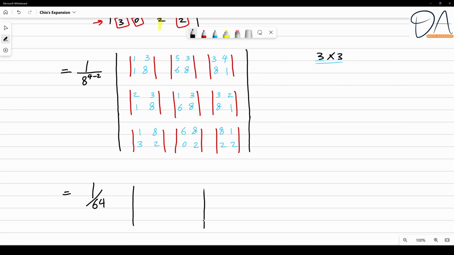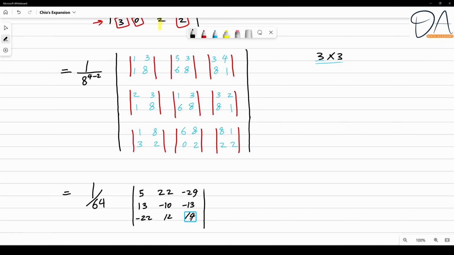And here, if you expand these, you're gonna get 5, 22, minus 29, 13, minus 10, minus 13, minus 22, 12, 40. So now we have 3 by 3.